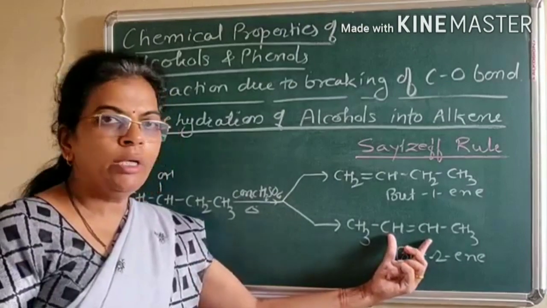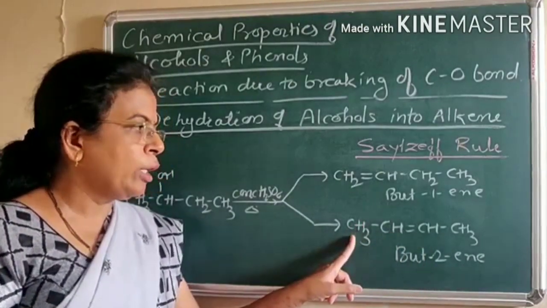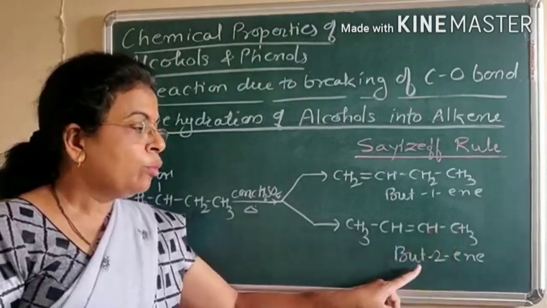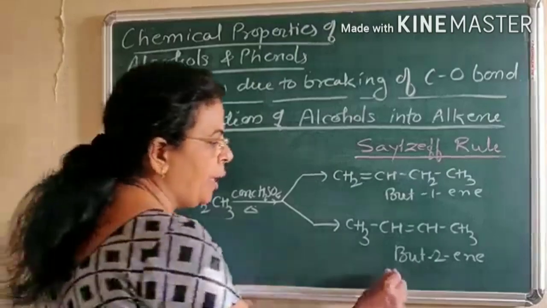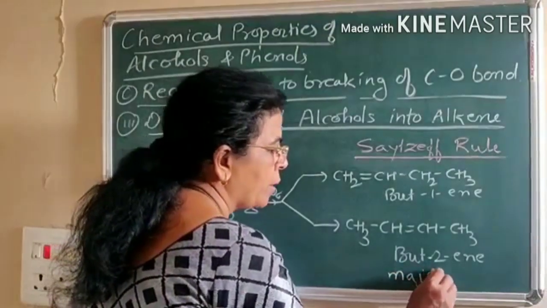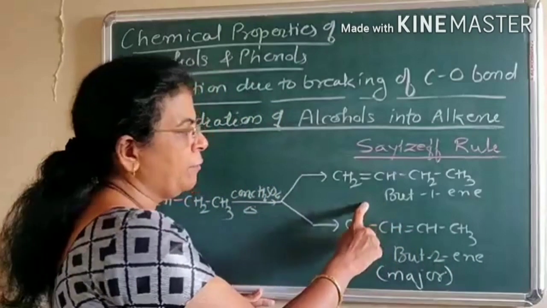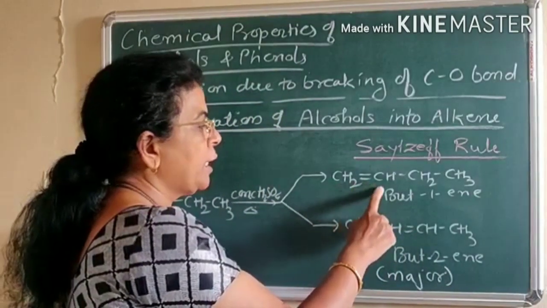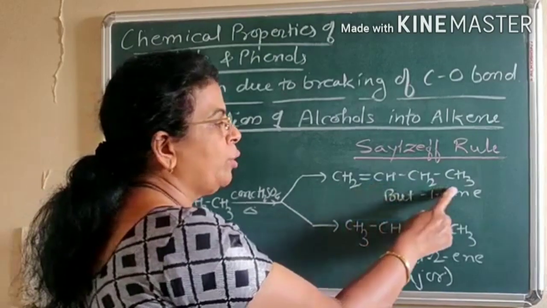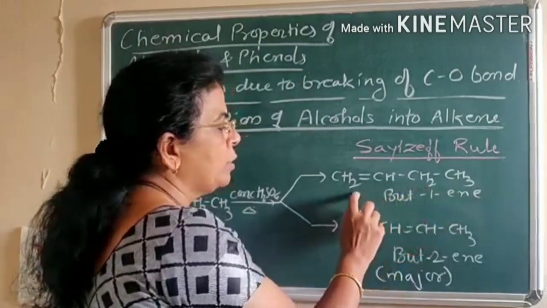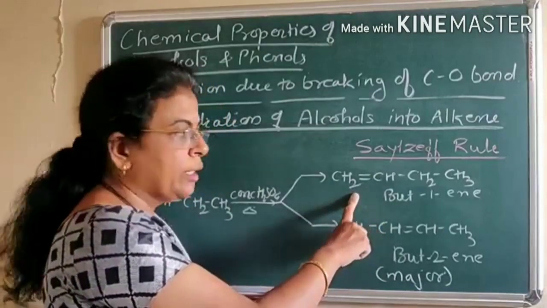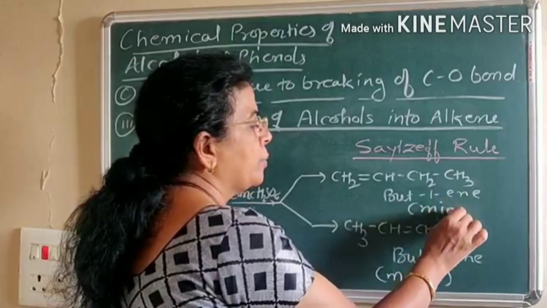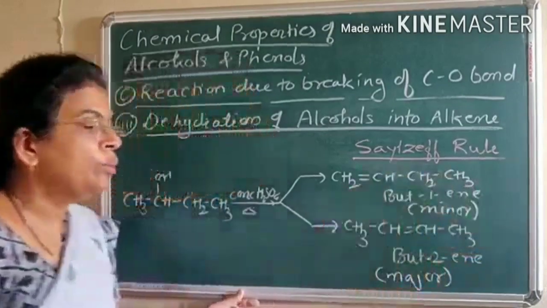Here CH=CH is bonded to two alkyl groups, that is two methyl groups. Therefore, the more substituted alkene is obtained as a major product. And this is the minor product because this alkene is least substituted. In this case, this double bonded carbon atom is bonded to only an ethyl group. Therefore, this is the least substituted alkene, that is but-1-ene, which is obtained as a minor product. This is according to Saytzeff rule.